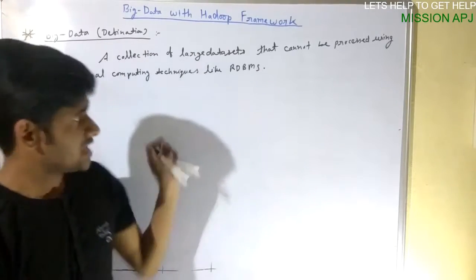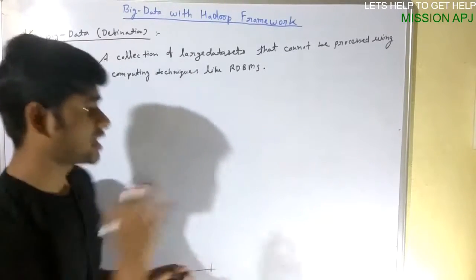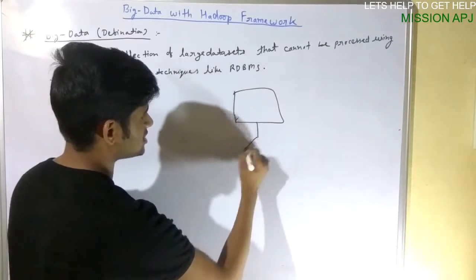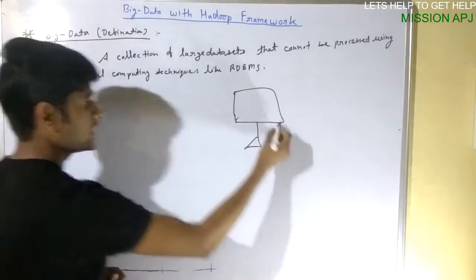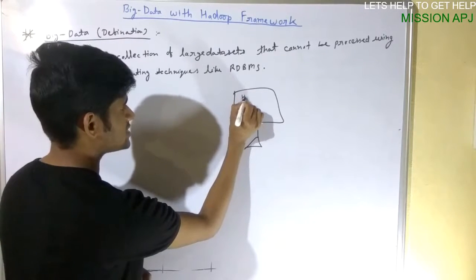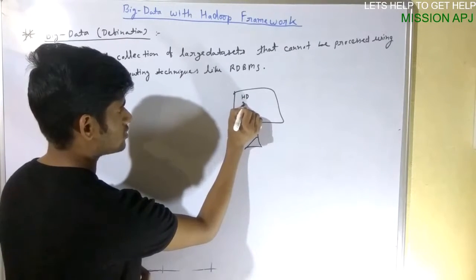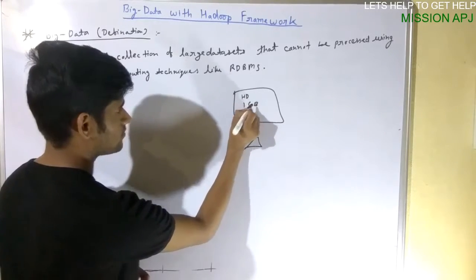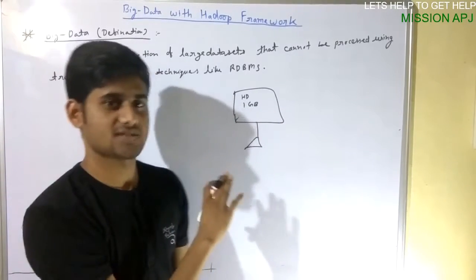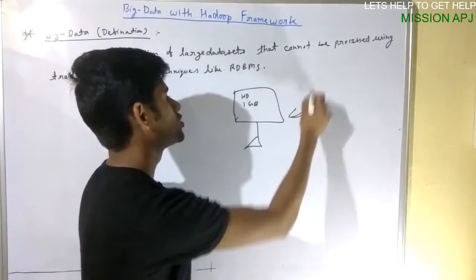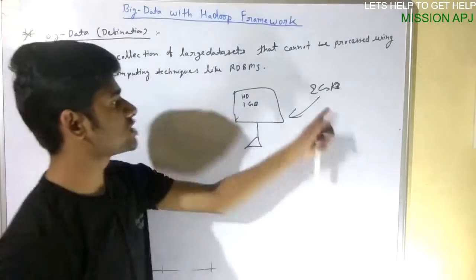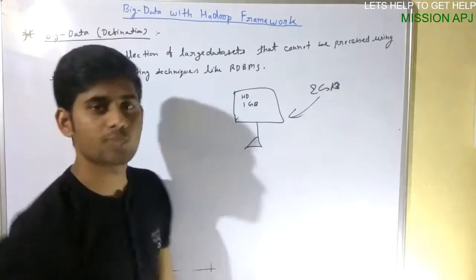Now that's the definition. But again, take a single machine. Suppose it has a hard disk of 1 GB. So 1 GB of data can be stored here and processed locally. But what if you are getting 2 GB of data? Can you store this 2 GB of data in this machine and process it?